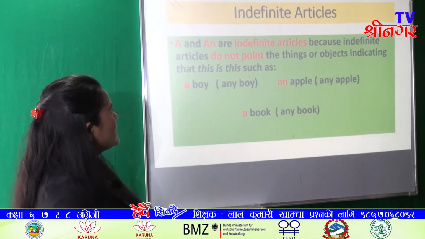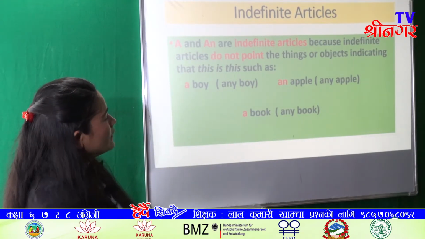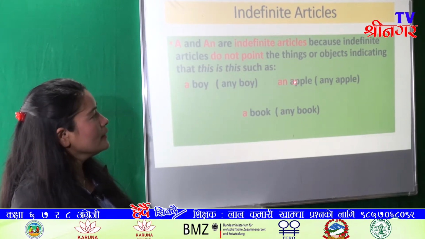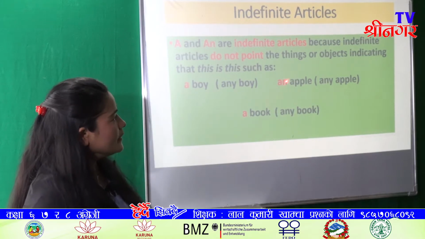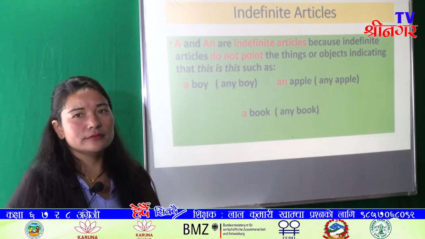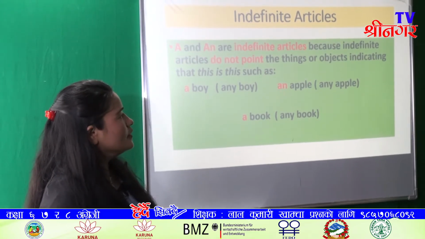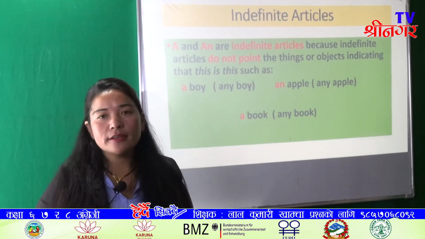So a is an indefinite article. In the next example, an apple. It means there might be lots of apples and among them one apple. An apple indicates any apple, and doesn't point to a specific apple.